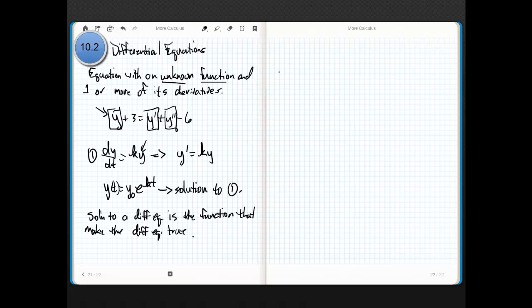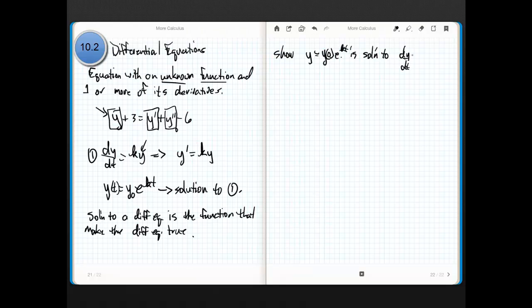All right, so here's my proof. I'm going to show y equals y of 0 e to the kt is a solution to dy over dt is equal to ky, right? That's y of 0, not y times 0. Well, watch. This has a dy over dt in it, so let's figure out what dy over dt is.